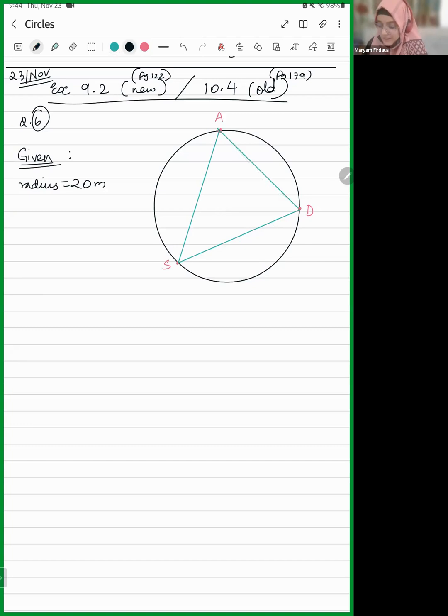This doesn't look like an equilateral triangle. Wait a minute. Now it's fine. So please make the diagram and then we will move ahead with the question.